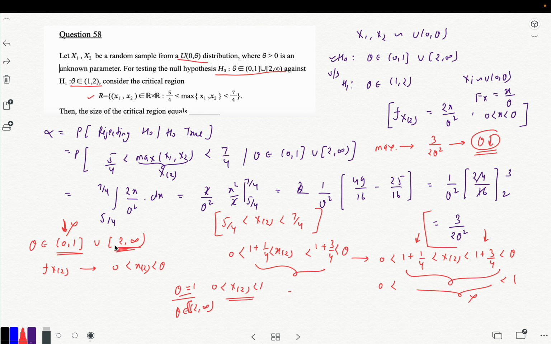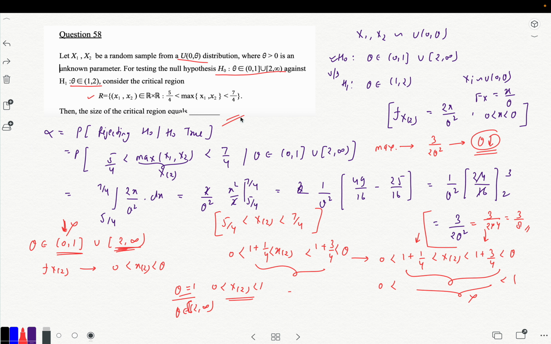Type 1 error asks for the maximum probability of committing it, right? So 3 upon 2 into 4, basically 3 by 8. Simplify that into decimal points, and that will be your result. That will be your size of critical region.